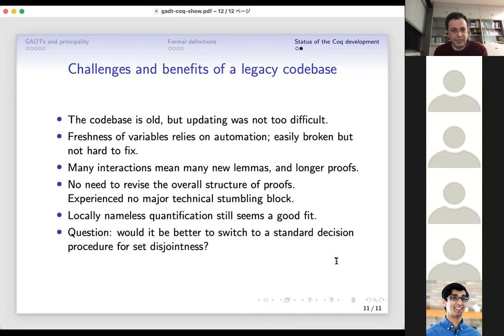This you cannot avoid. But there was no need to revise the overall structure of the proof, and we experienced no major technical stumbling blocks. So it looks like this was a great boon, to start from an existing development. And we can say that locally nameless quantification still seems a very good fit for graph types. There are practical questions, such as would it be better to switch to a standard decision procedure for set disjointness rather than using ad hoc Ltac tactics? But we will decide that later.